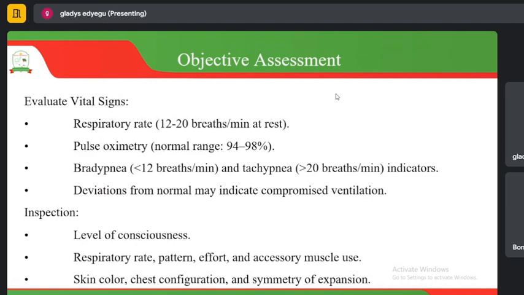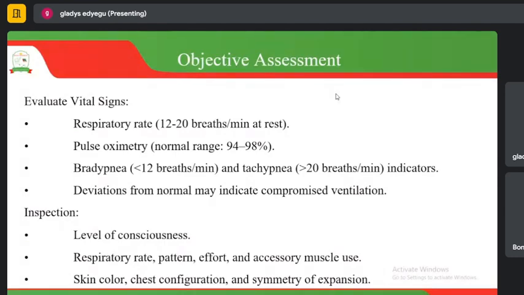When you look at the respiratory rates, the normal is between 12 to 20. This can be taken when the patient is at rest. Don't take it when the patient is running or doing a certain activity which may increase the rates. It should be between 12 to 20 breaths per minute.